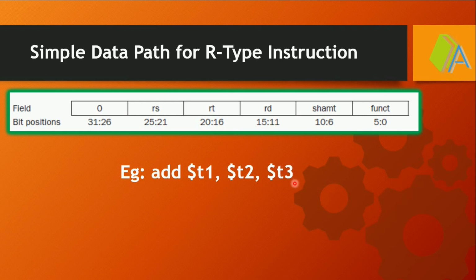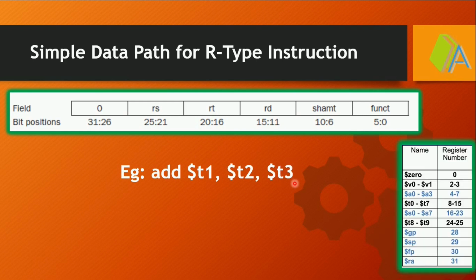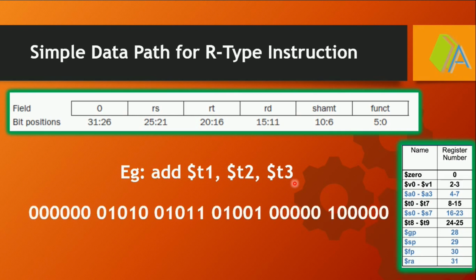This instruction is saved in the instruction memory as a 32-bit binary value. This is my opcode for R-type. This is the 6-bit function for add. 32 is the function for add, and this is the binary representation of 32.